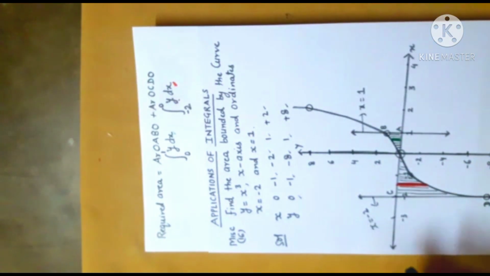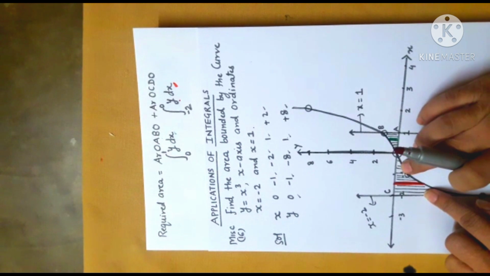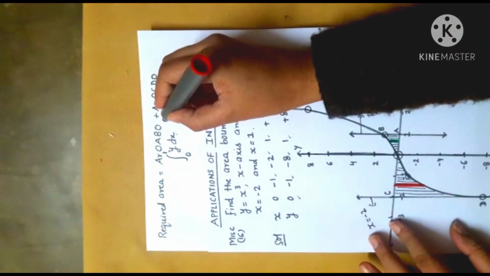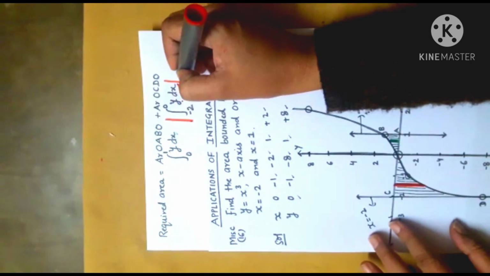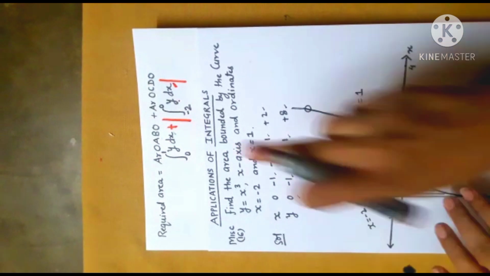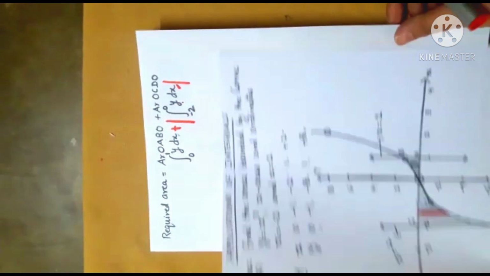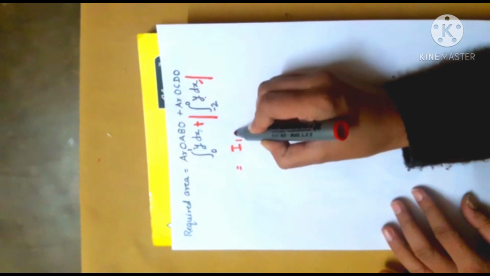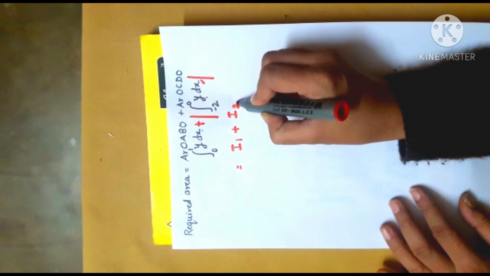Right? And as this region is below x-axis, we will take the absolute value. Right? So now we have to evaluate this. So I call this as I1 and this as I2.